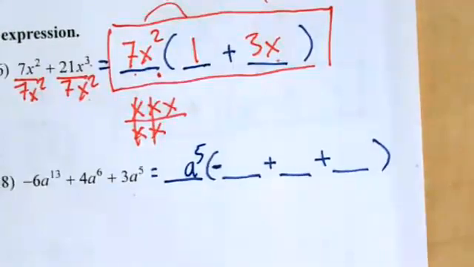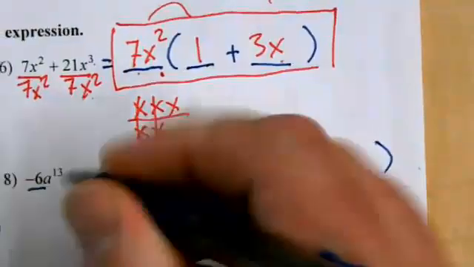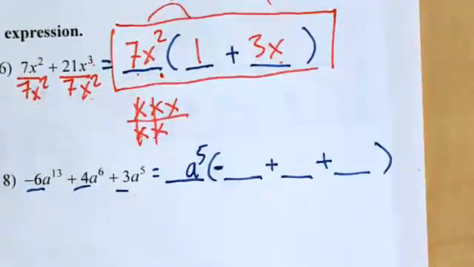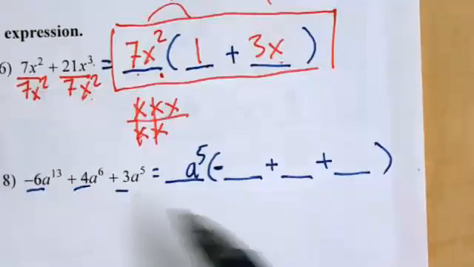Now let's think about our numbers. Look at that 6 and that 4 and that 3 and tell me, what is the biggest number that you can divide all three of those by? 6 and 4 and 3. Nothing bigger than 1? What about 2? Oh, 3 doesn't divide by 2.